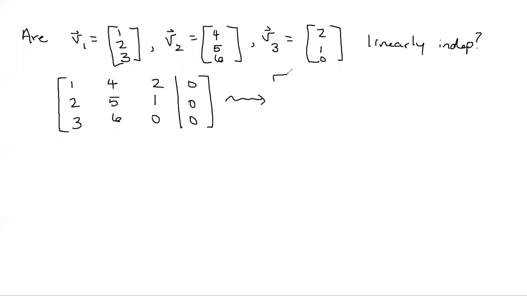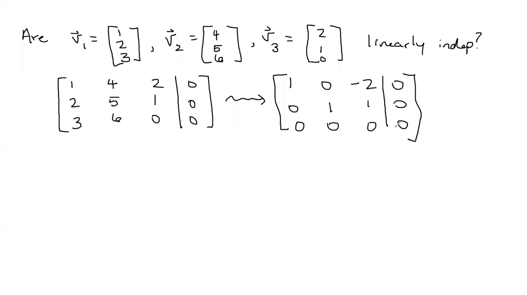We end up getting our reduced row echelon form as 1, 0, negative 2, 0; 0, 1, 1, 0; and 0, 0, 0, 0. Right off the bat, you see that because we have this zero row, we do have a free variable, so the system is linearly dependent.